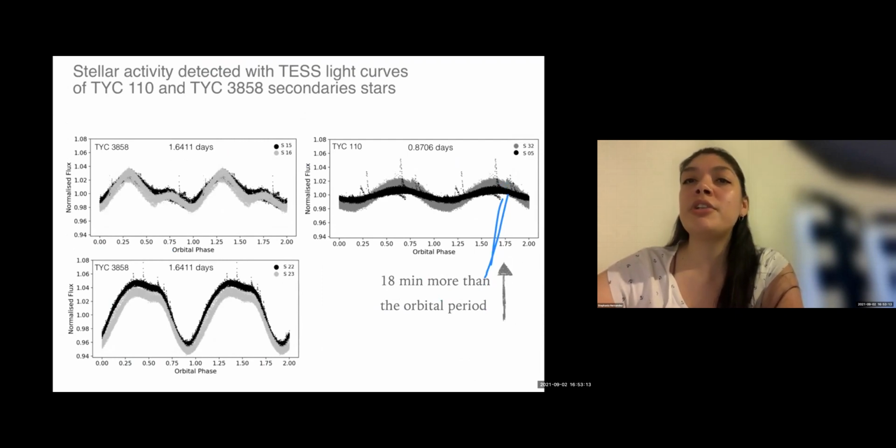And we saw a clear difference between these two systems.